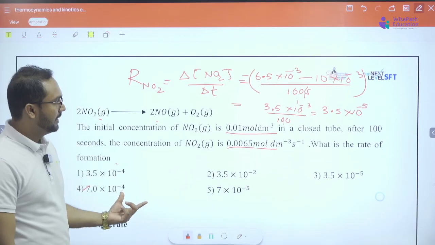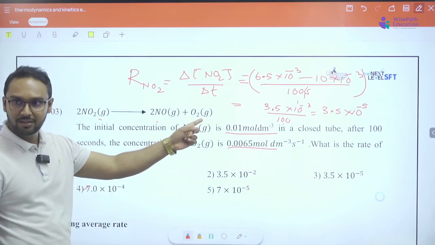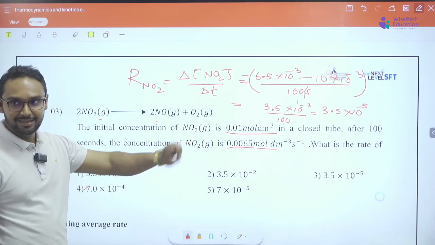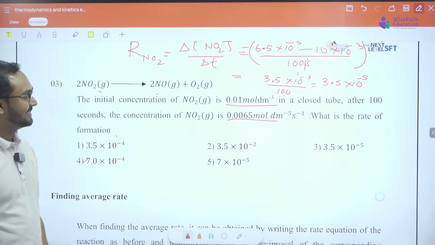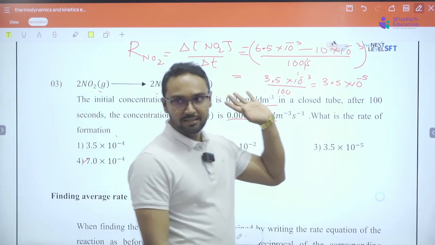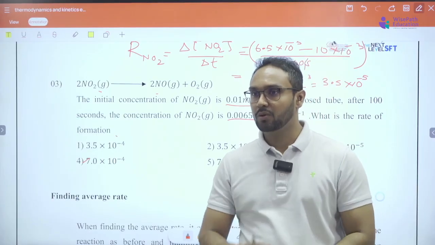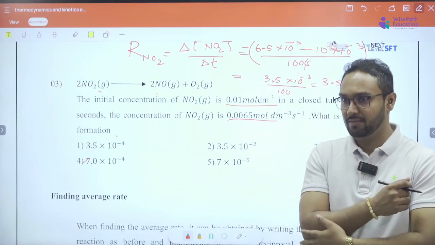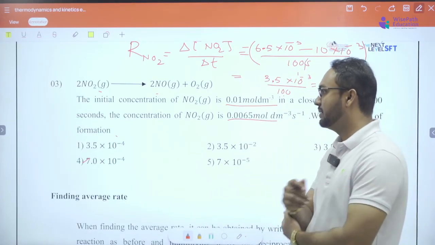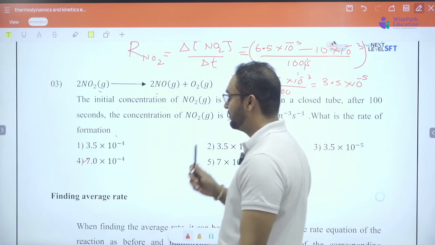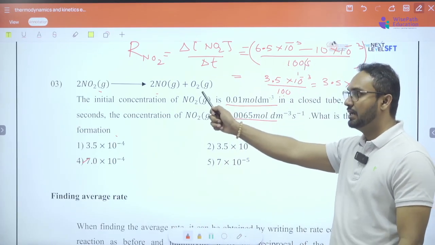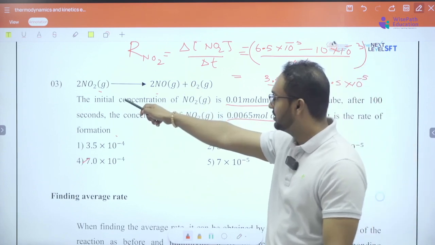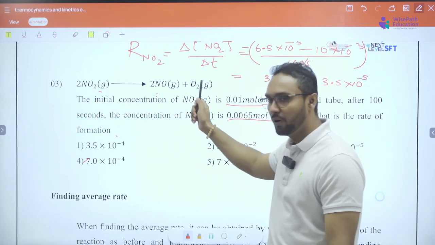Is this answer also there for the oxygen? No, right? You didn't take that. The NO it is. So if the question is asking for the formation of O2, then it should be half. You have that knowledge, right? Even the online people, do you know that if the question was asking for the rate of formation of oxygen, that should be half of this, because the stoichiometry is 2 to 1?